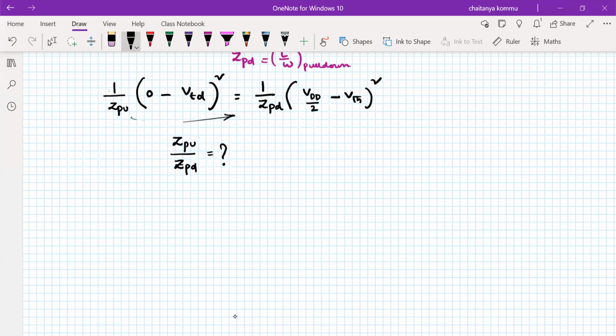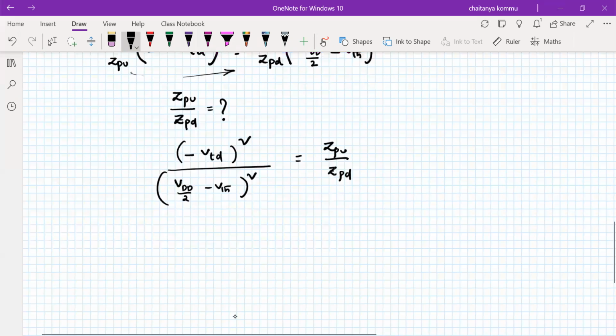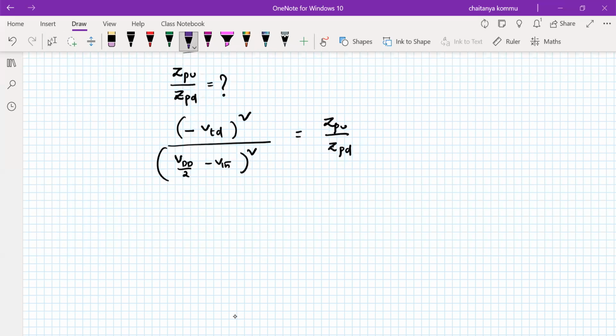Minus VTD whole square divided by VDD divided by 2 minus VTH whole square is equal to ZPU divided by ZPD. So everything is known values only. It's very important, we know that VTD is actually minus 0.6 times VDD. These are the typical values.